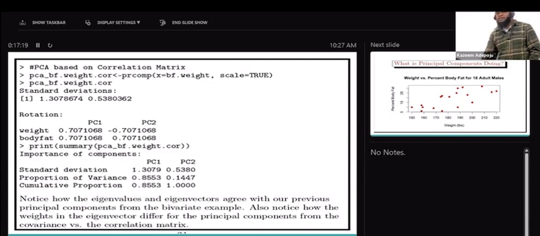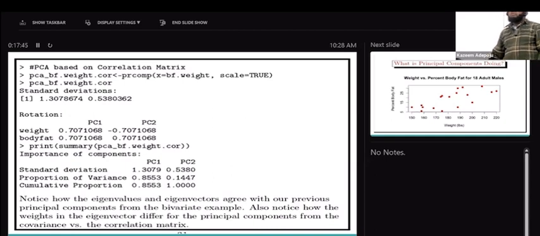Take a look at the standard deviations now. 1.30786740, 0.538036. That was not what we got when we used the covariance. Now look at the rotations. I mean, the eigenvalues are different from what we got when we used the covariance.